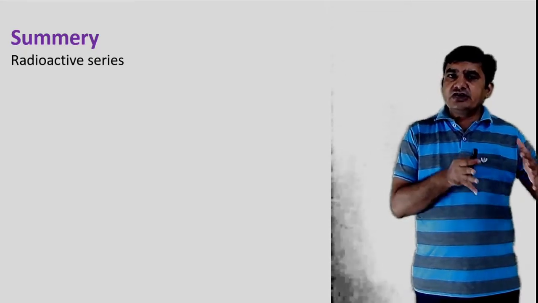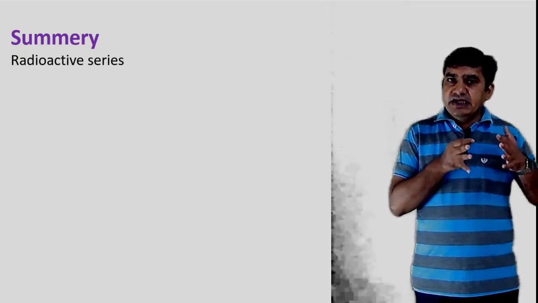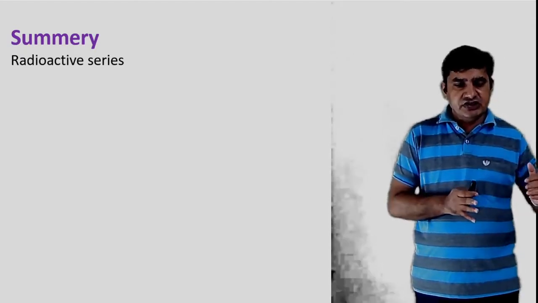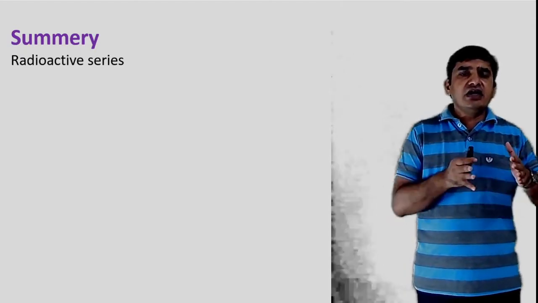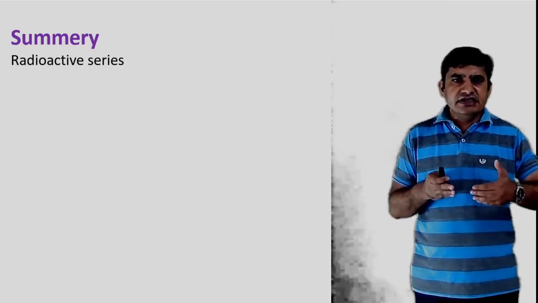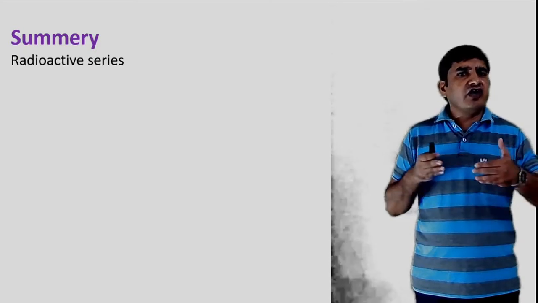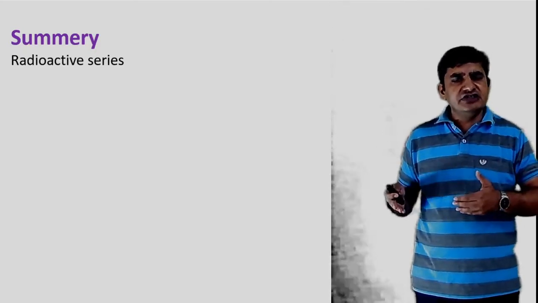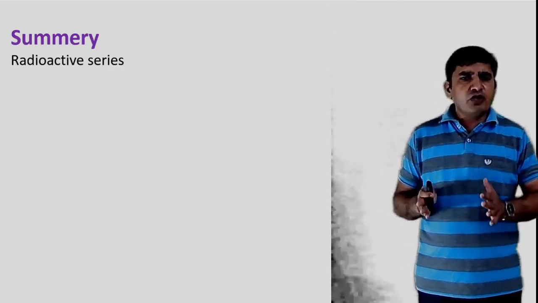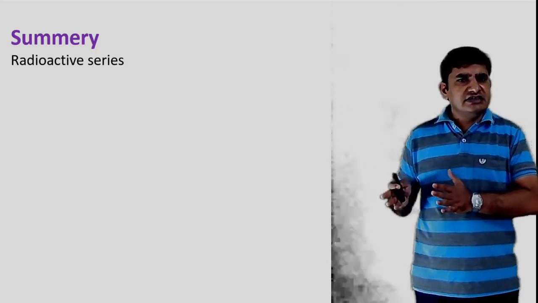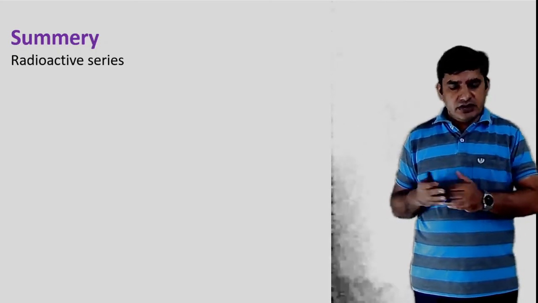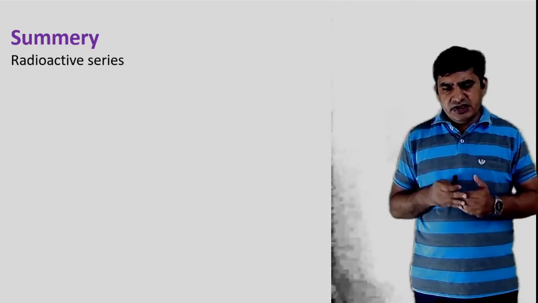The thorium series emits alpha particles, so it is the 4n series, where the elements have mass number A equal to 4n, n being an integer. The end product of this series is stable lead.